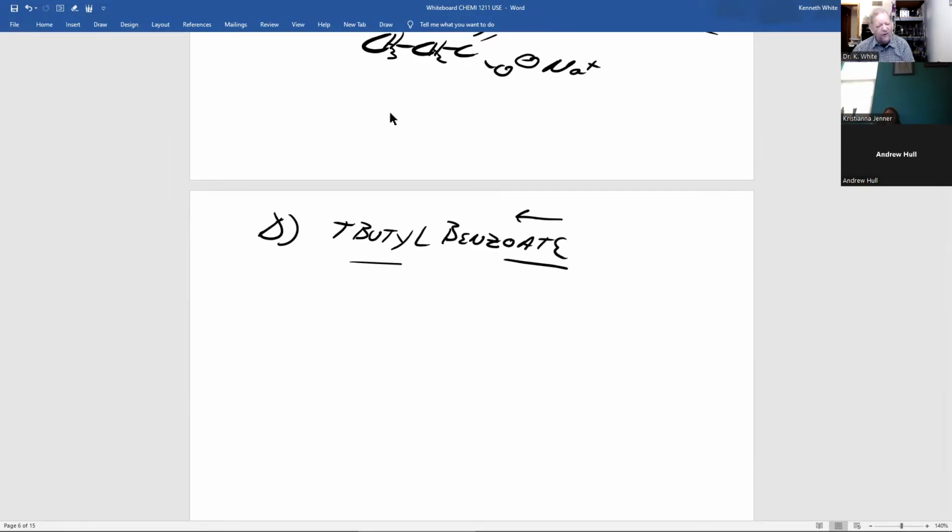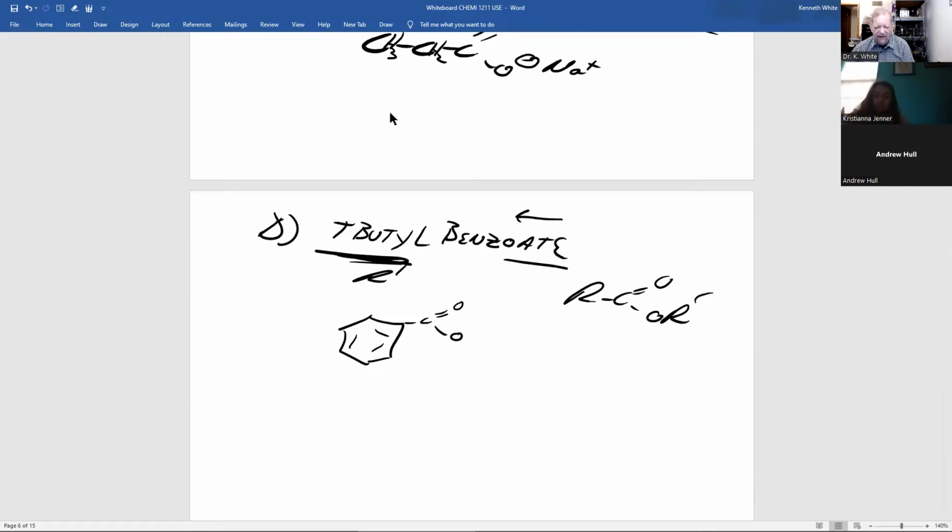If this were IC in the word acid, benzoic acid is this carboxylic acid, but it's an ester. Remember ester. And this up front is my R prime, t-butyl group. And that's t-butyl benzoate. And that's how you name esters.